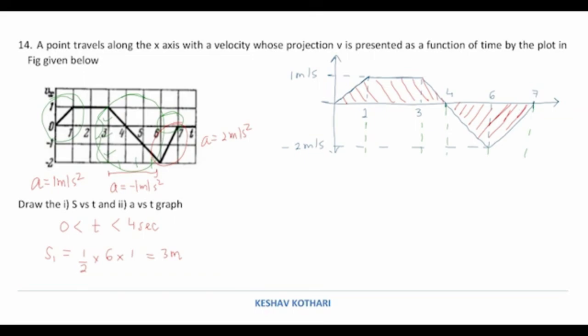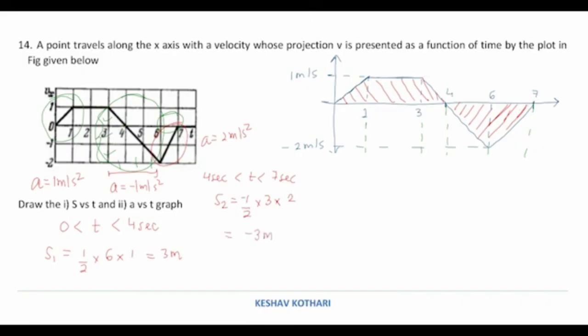And if I calculate from 4 seconds to 7 seconds, we can calculate displacement as half into 3 into 2. So we are going to get minus 3 meter.